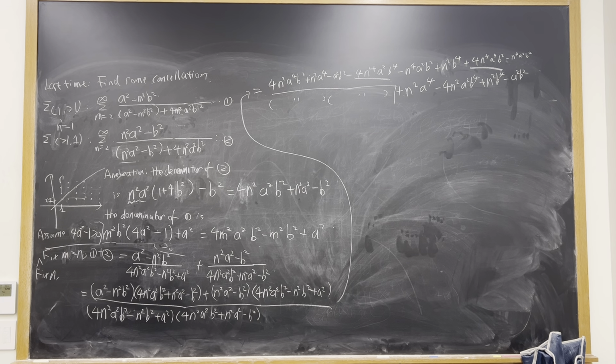So what do I know? Because the a squared and b squared are basically very different, right?